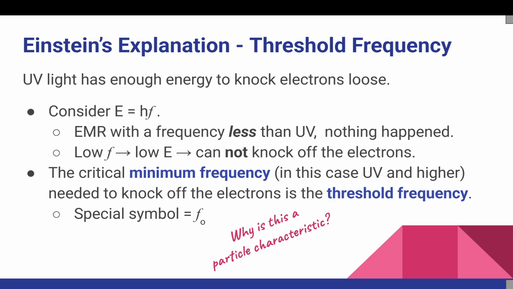Each tennis ball is still the same mass traveling at the same velocity, but now they're more frequent. There's more tennis balls per second hitting you. So because there's more of them, each carrying their energy, they're going to knock you down pretty quick. Frequency is a particle characteristic if we're talking about energy. So that's why here the frequency matters for the energy, and we can talk about it being a particle characteristic.